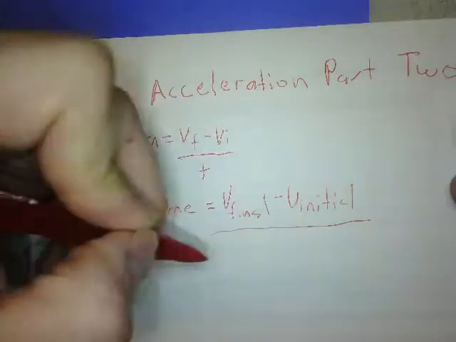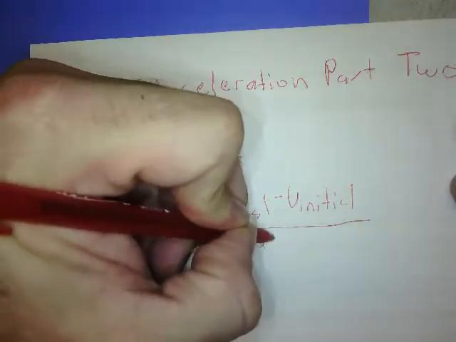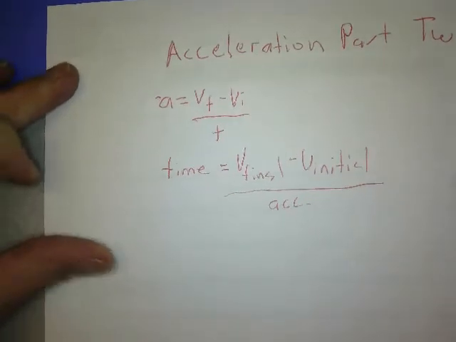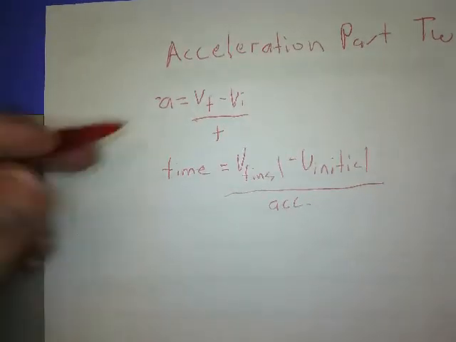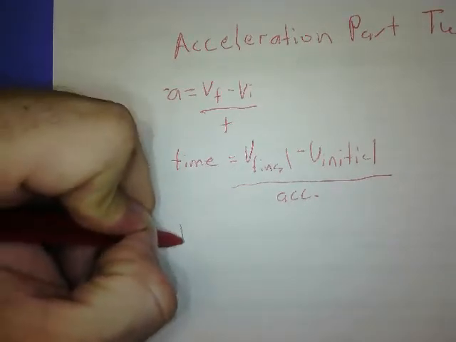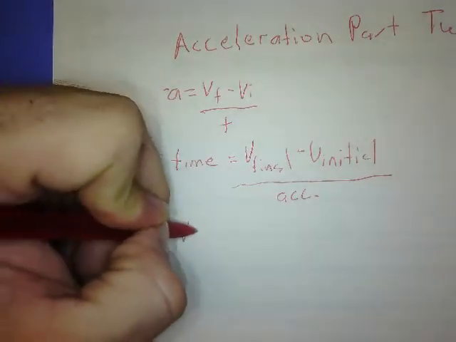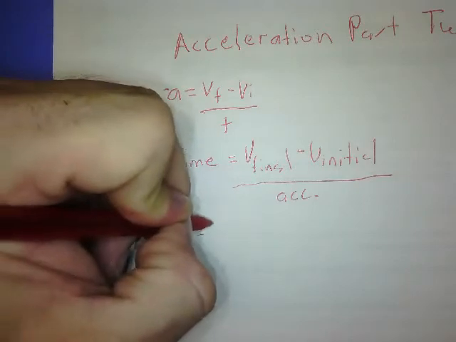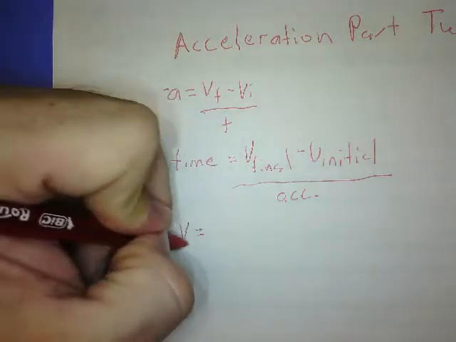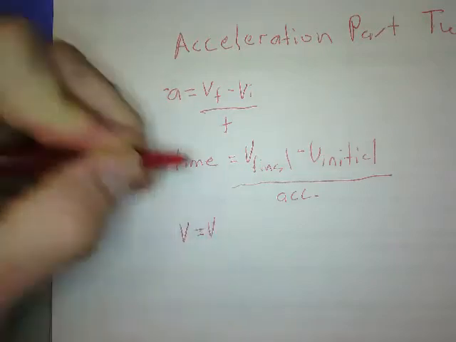So we've already done this, and I already apologize for my handwriting, but we already have this equation: acceleration equals final velocity minus initial velocity divided by time. But if we rearrange this, we can also figure out some other things when working with acceleration, like time.